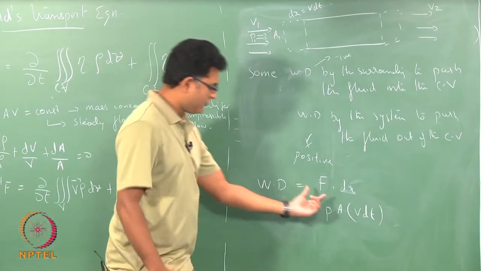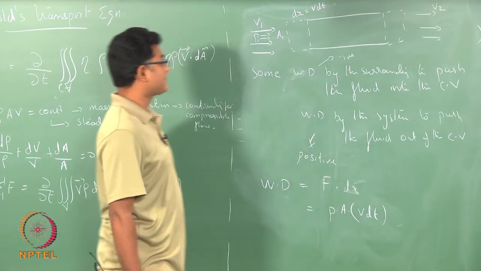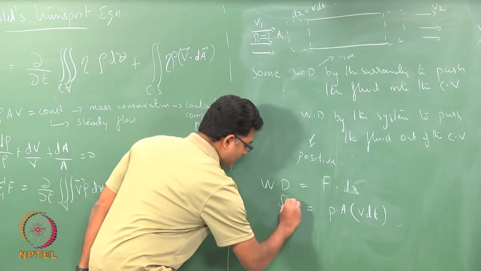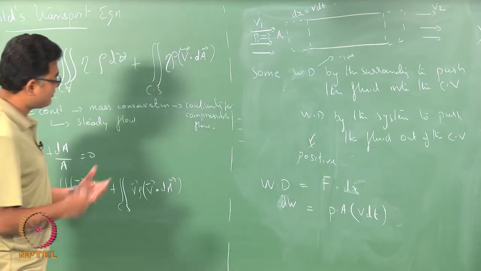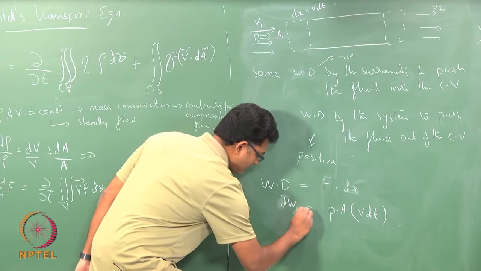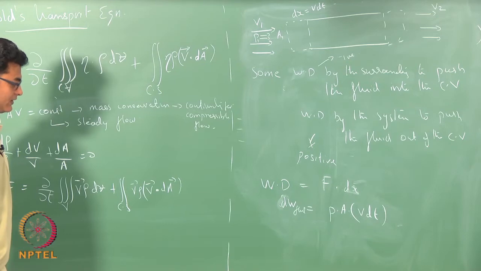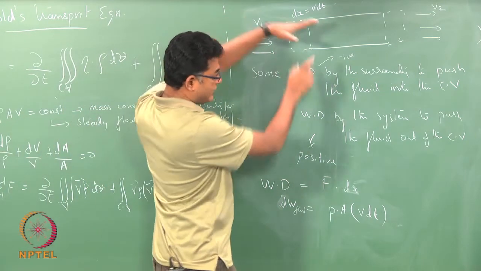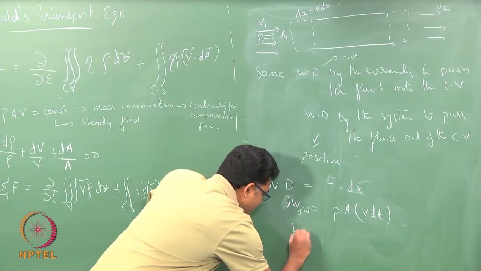So, that is your dw. I want to differentiate between two kinds of work done, which I will discuss later. Now, this is the work done by the surrounding fluid to push the fluid into the control volume.